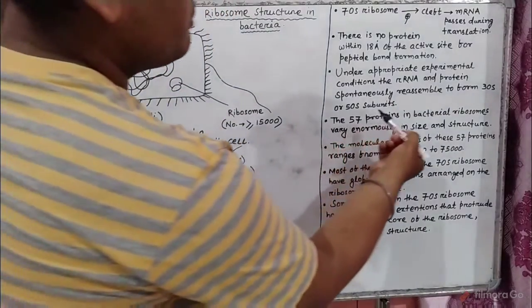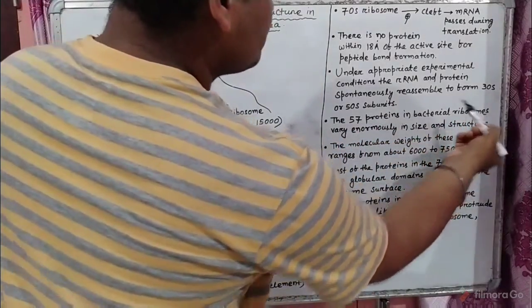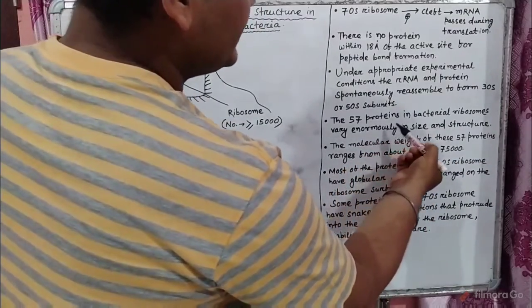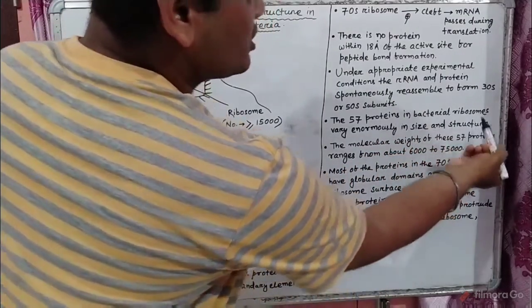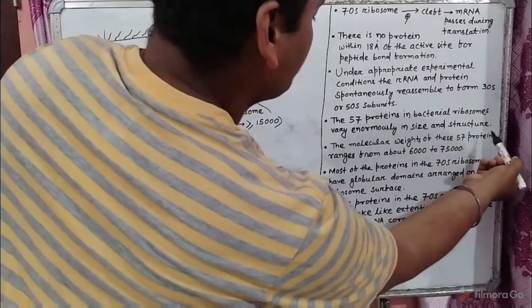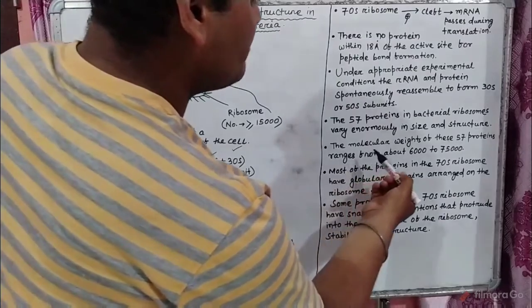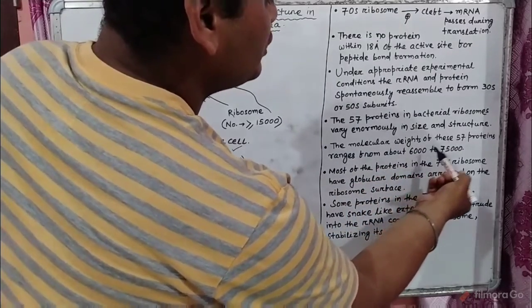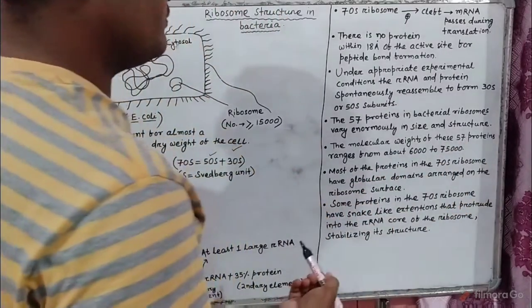The 57 proteins in the bacterial ribosomes vary enormously in size and structure. The molecular weights of these 57 proteins range from about 6,000 to 75,000.